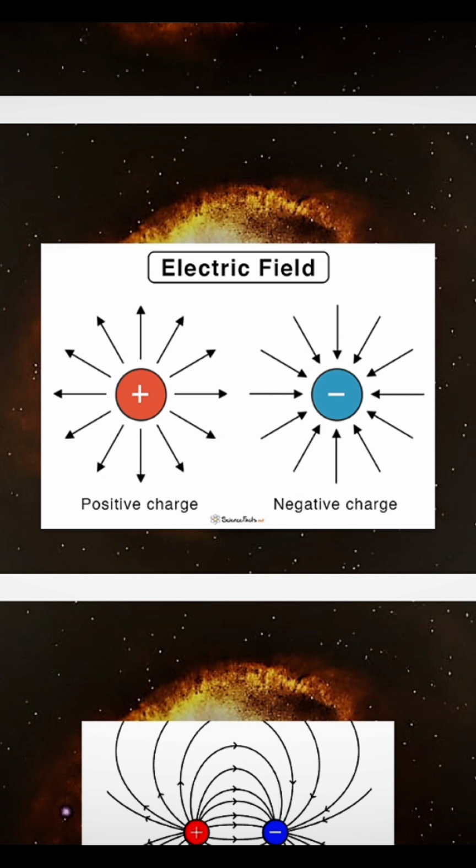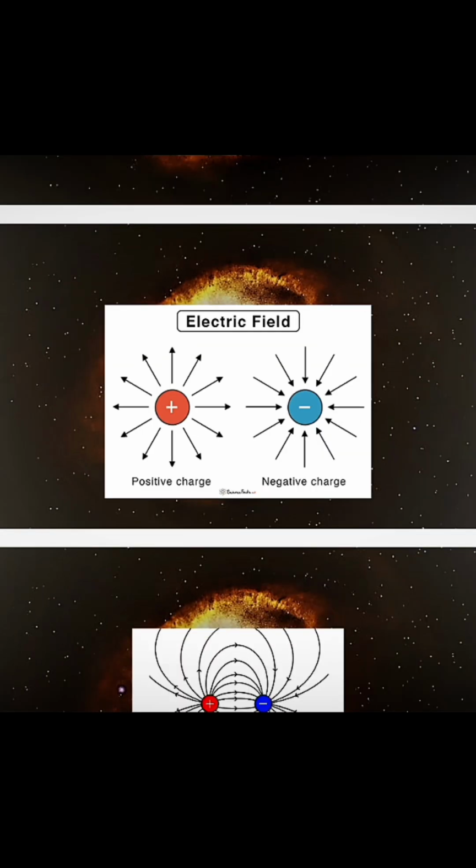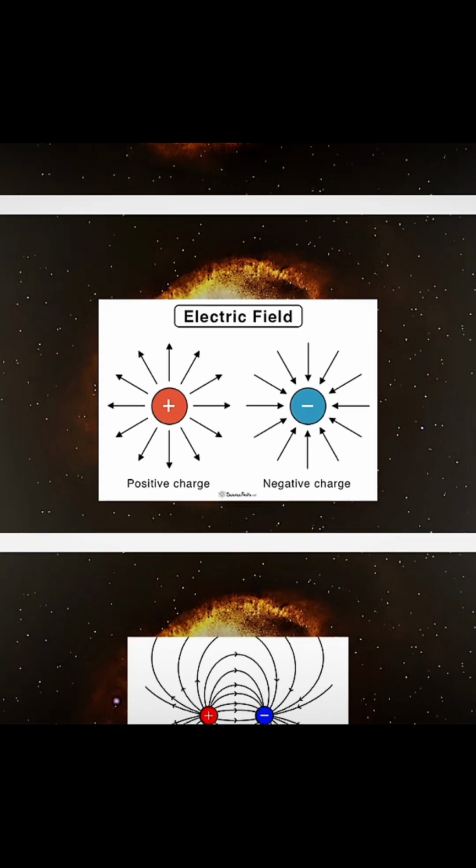These are contact and non-contact forces. The electric force will exert either a repulsive force or an attractive force. Similarly, the magnetic force has either a repulsive force or a pulling force. It will either push you or attract you towards it.